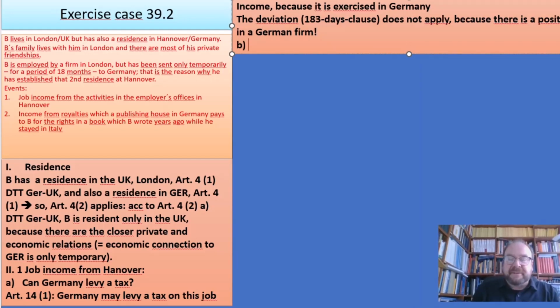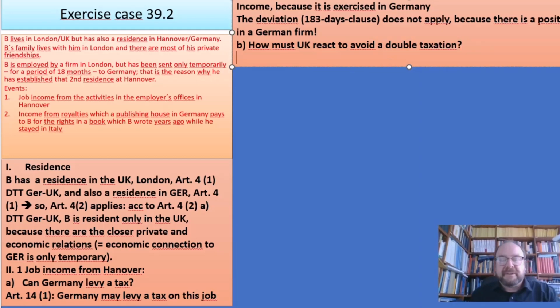So the next question is simply, how must the UK react to avoid double taxation? And for this we probably have to look into Article 23. Now, in all probability, as the first paragraph dealt with Germans, now probably the second paragraph in Article 23. Let's have a look and find out.